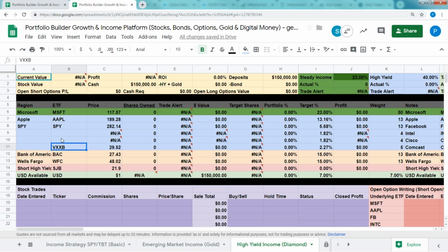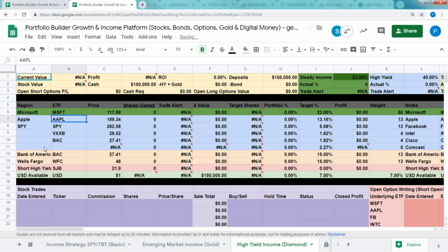I just started it last week, and I collected like 1,500 in premium because it's expiring worthless. Yeah, shorting volatility is a popular strategy. So you want to just treat it as part of the normal grouping? Yeah, I have 1,000 of those.